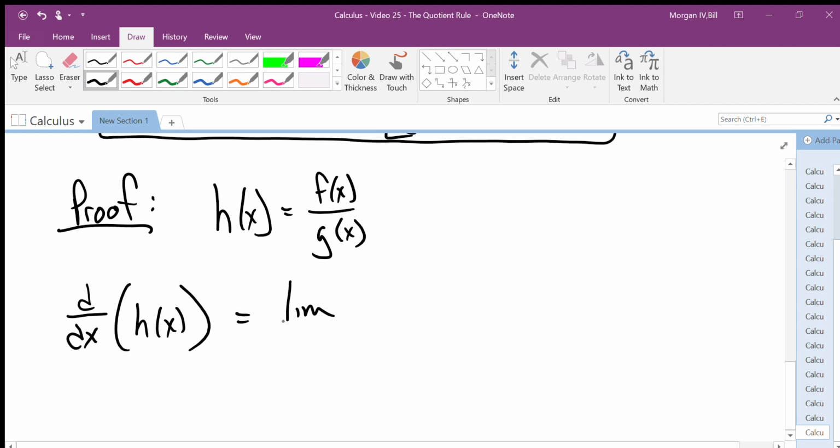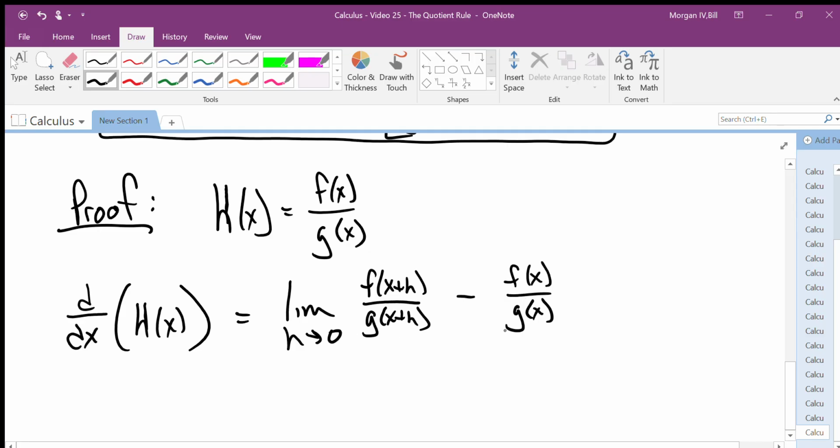I want to say h goes to 0, but I already have an h, so I'm going to go back up here and call this capital H. Capital H of x. Now I don't have the same h's. The limit as h goes to 0 of f of x plus h, which in our case, it's both f of x plus h and g of x plus h. It's f of x plus h divided by g of x plus h, minus the function of just x, f of x over g of x, all over h.